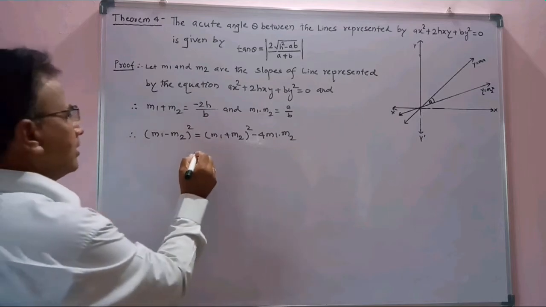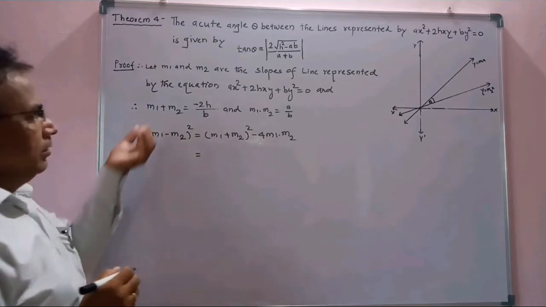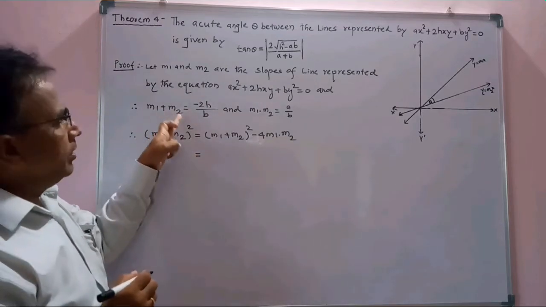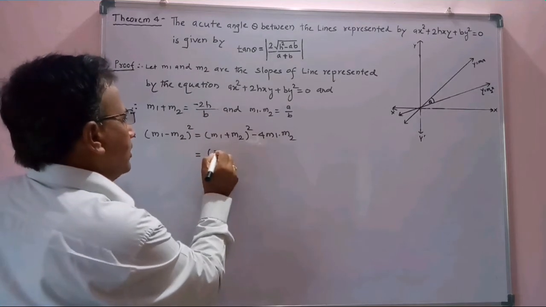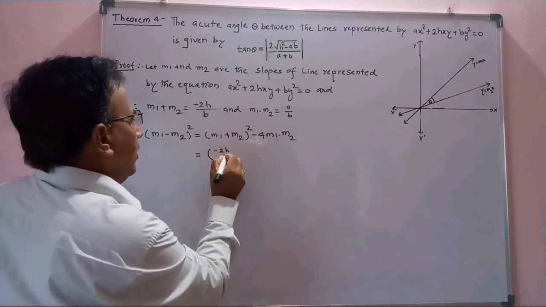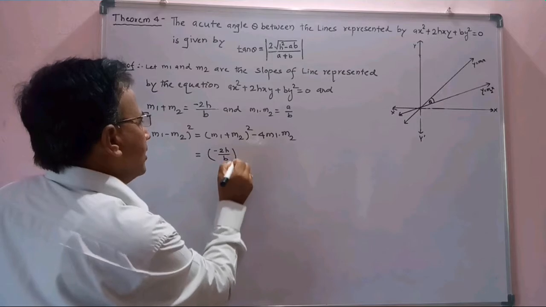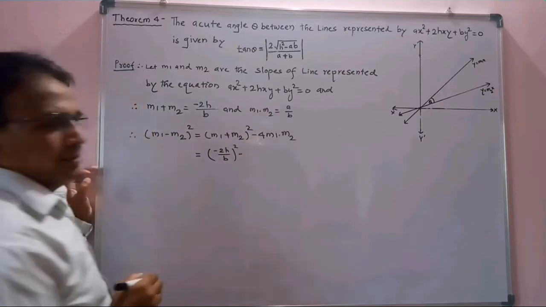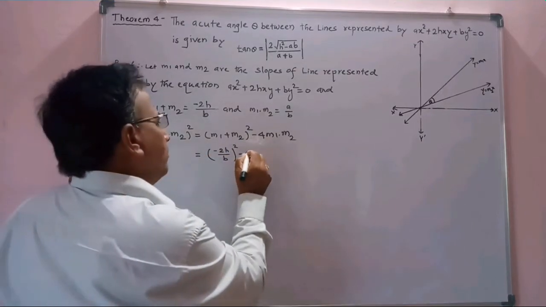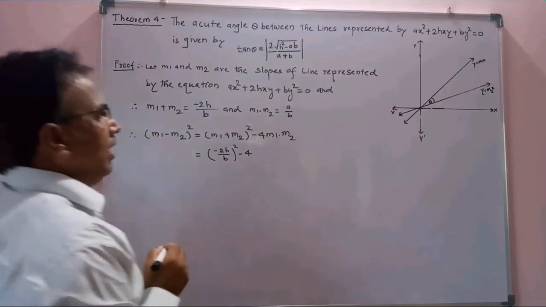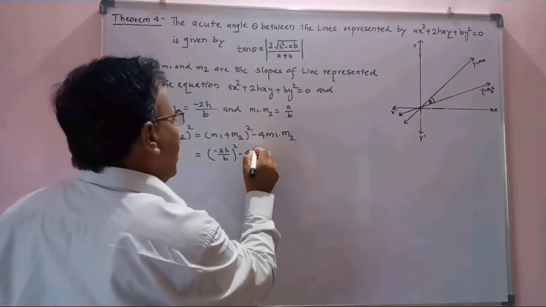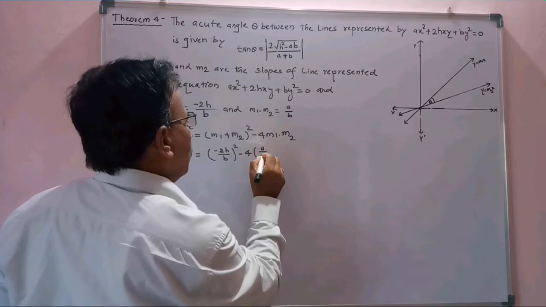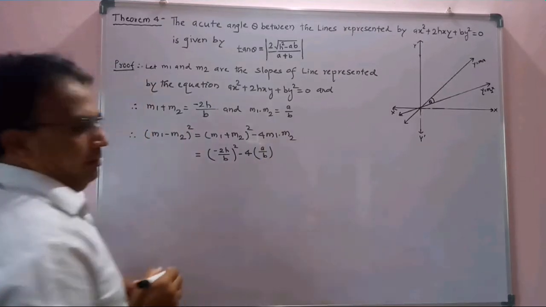The value of the sum of the two slopes, m1 plus m2, is minus 2h divided by b, so we get (minus 2h divided by b) bracket square minus 4 into m1 into m2, and the product of the two slopes is a by b.